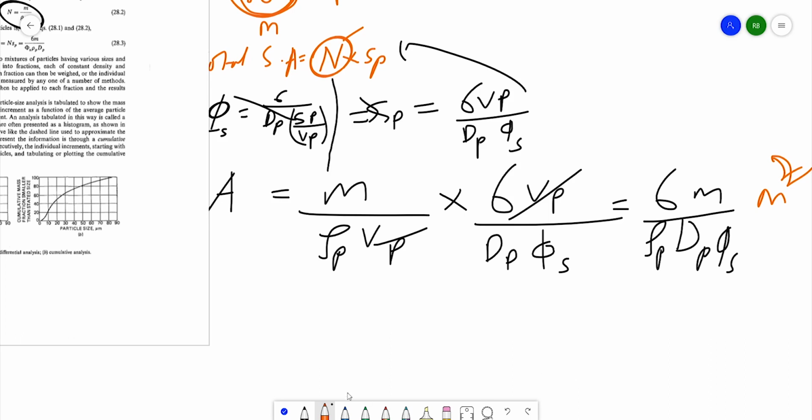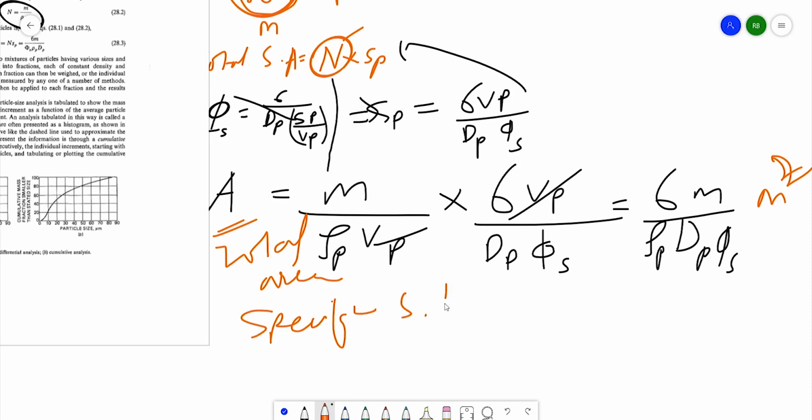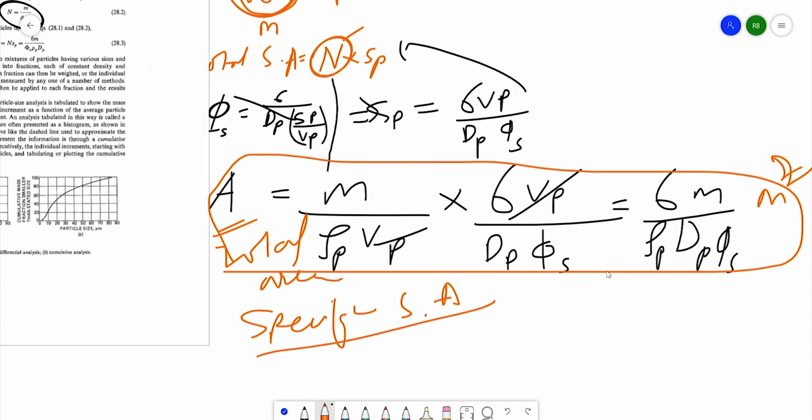If somebody asks you what the specific surface area is: this is the total area. What about the specific surface area? Whenever there is a specific term, you just divide by the total mass. So just divide this formula by the total mass on both sides.